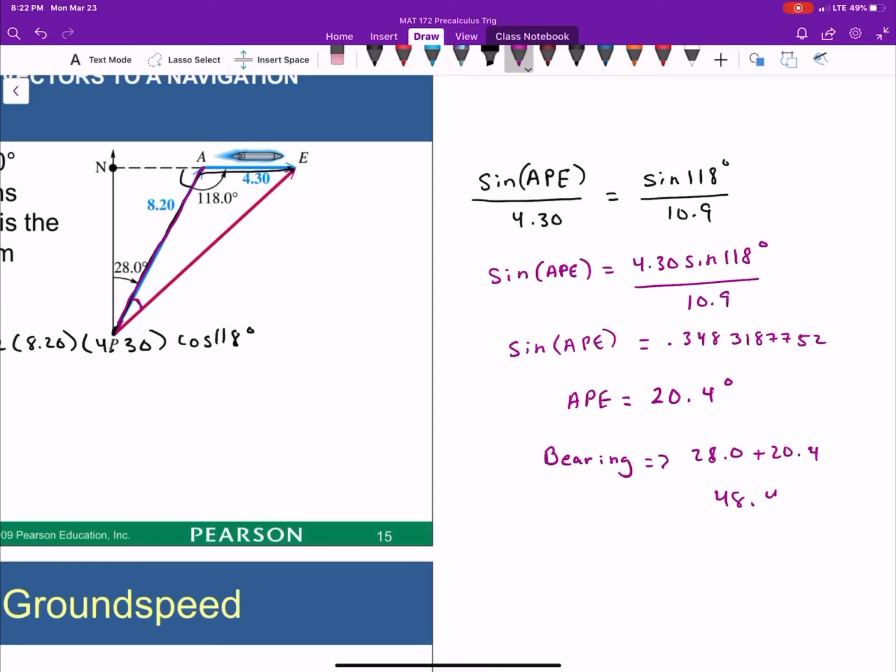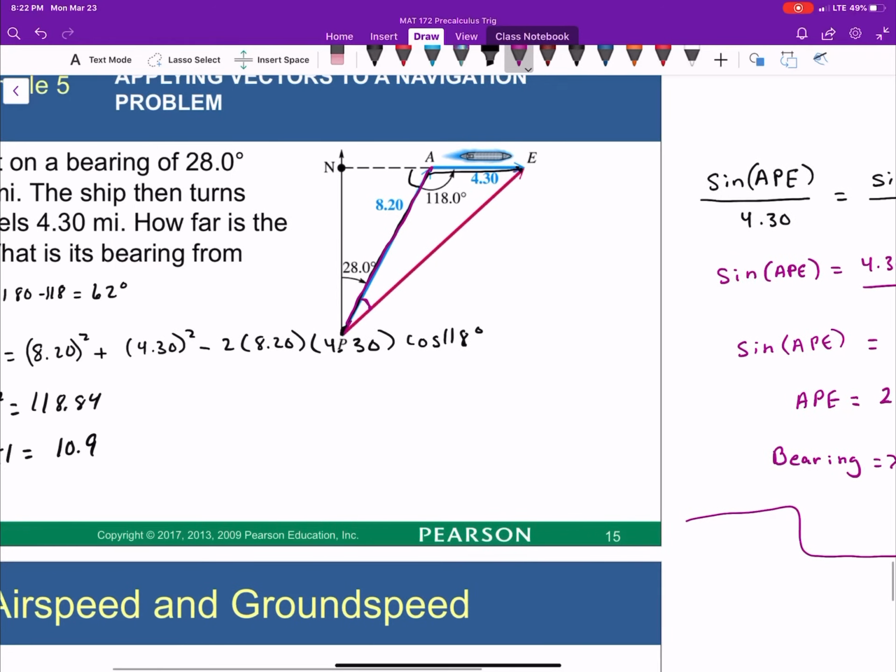So that'll give you around about 48.4 degrees. So your bearing is 48.4 degrees.